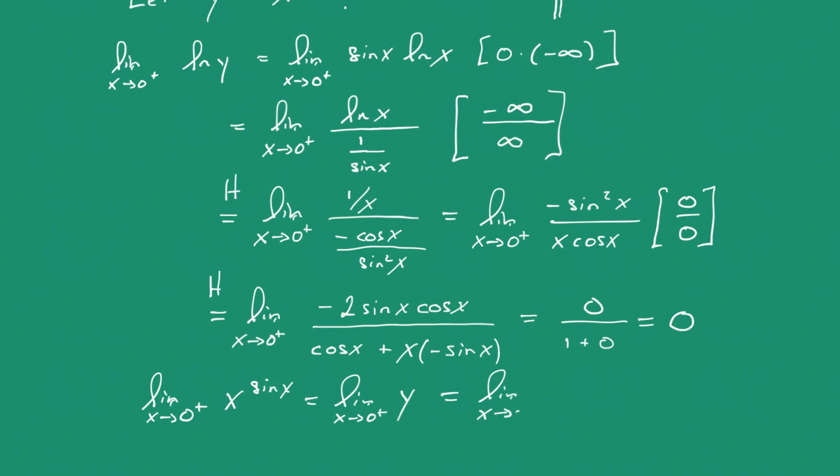All right, so remember, we weren't done yet. What is y in terms of log y? Well, that's e to the log y. And what is this? Well, as x tends to 0 from the right, we found that log y tended to 0. So e to the log y tends to e to the 0, which is 1. All right, so that's our limit.